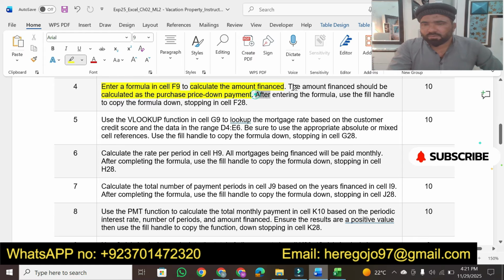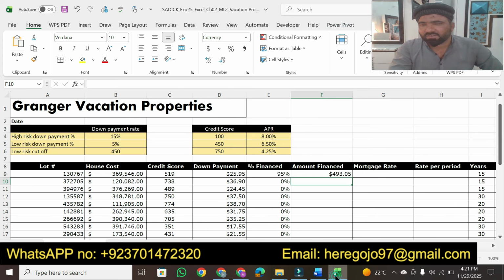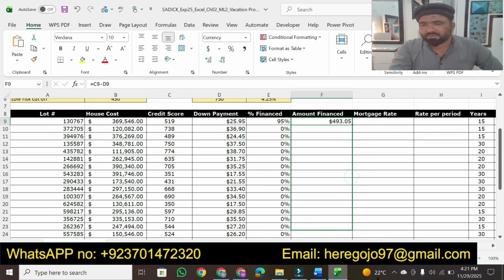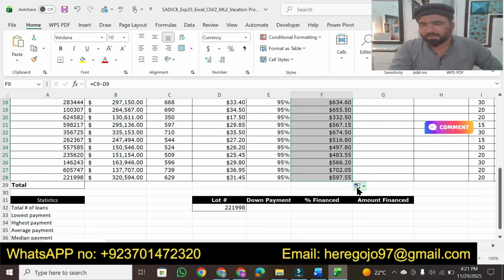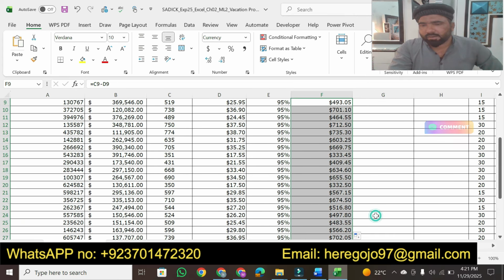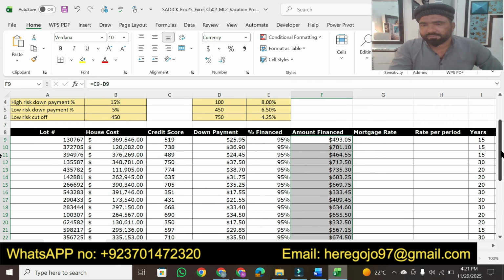After entering the formula, you use the fill handle to copy the formula down to F28. Now we have to fill that formula to there. Okay, then fill handle. Yes.